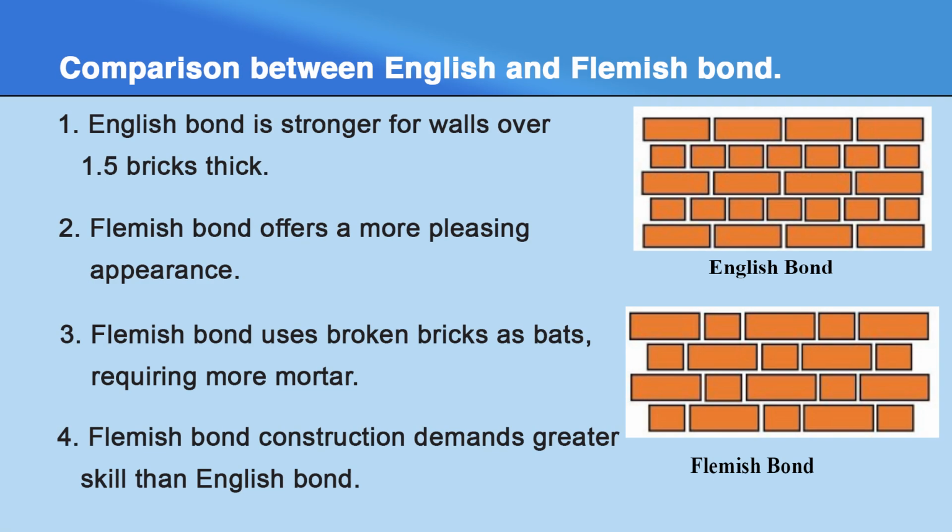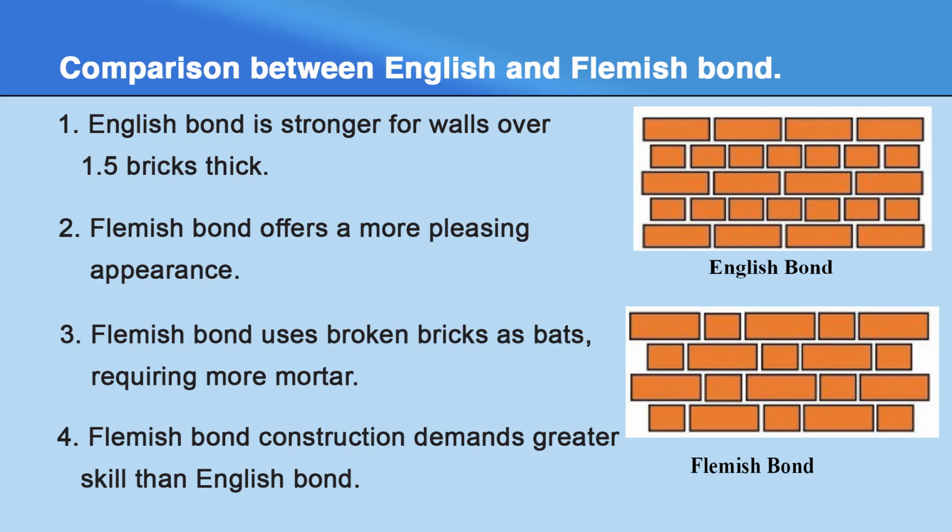We are now in a state to compare both of the bonds. Number one, English bond is a stronger wall for over 1.5 bricks thick, whereas the Flemish bond offers a more pleasing appearance.